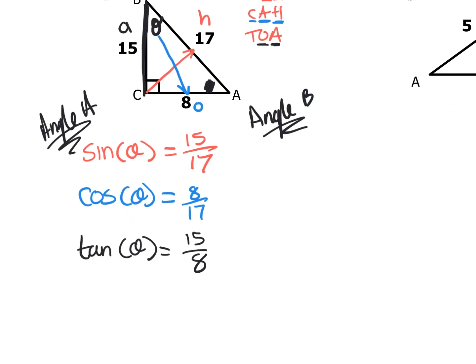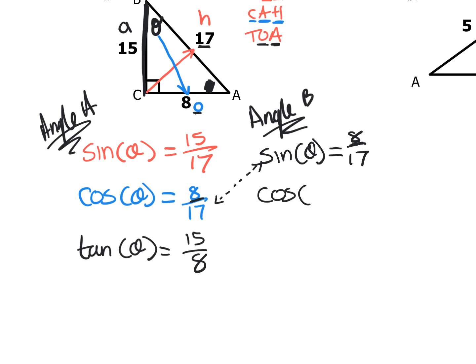And so if we were to do now our trig functions of those, you'll see that the sine of theta when it's angle B, opposite over hypotenuse, 8 over 17, is the same as the cosine of our other angle. And again, that's just because the adjacent side of angle A is the opposite side of angle B, and that's why they kind of switch.